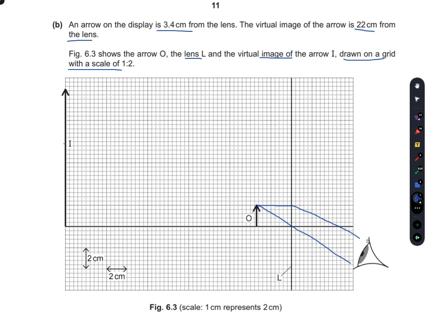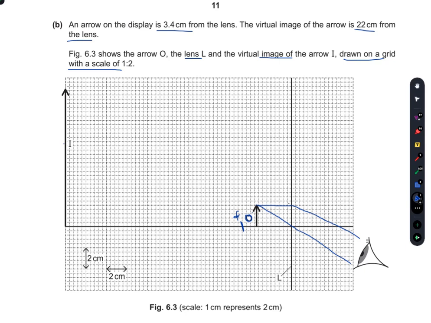Why is the virtual image formed here? Because this object O is placed within the focal length of the lens. That's the main thing you have to put your focus on. A lens will act as a magnifying glass only when an object is placed within its focal length.